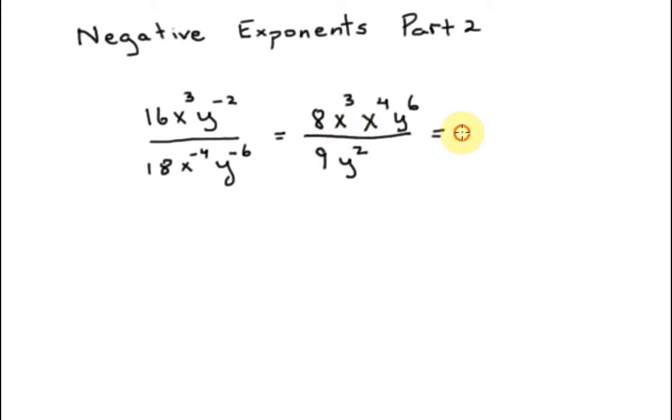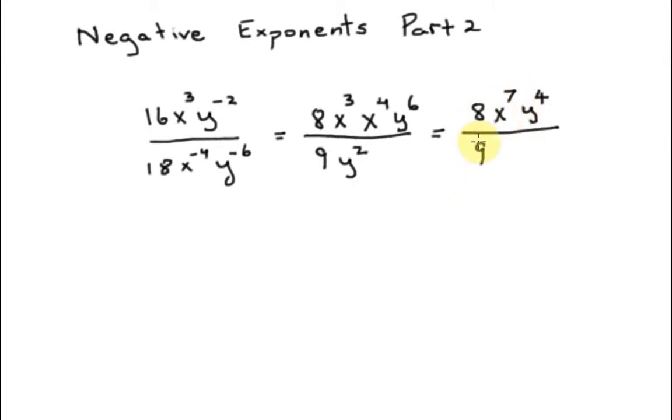Then I look at, well, what do I have here? I have 8 on the top, 9 on the bottom, and then I have x cubed times x to the 4. Well, that's going to be x to the 7. I'm just going to add the two exponents together. Then I'm going to look at the y to the 6, which is being divided by y squared. Well, these two y's will wipe out two of these y's, and that will leave me with 4 y's left over on the top.